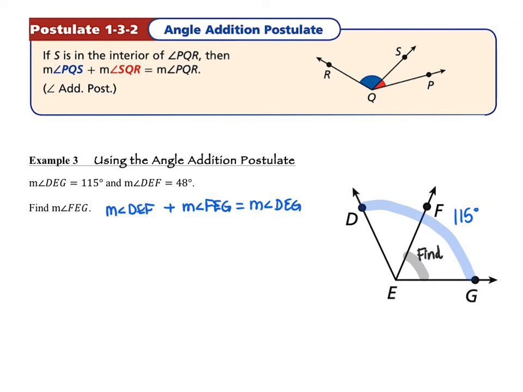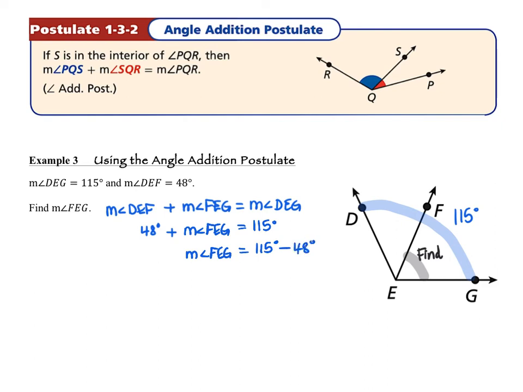And now we're going to substitute in the numbers that we were given. So for the measure of angle DEF, we substitute in 48. We don't know the measure of angle FEG, that's what we're trying to find, but we can plug in 115 degrees for the measure of angle DEG, which is the large one all the way across. Now at this point we know that we can find the measure of angle FEG by subtracting 115 degrees minus 48 degrees.